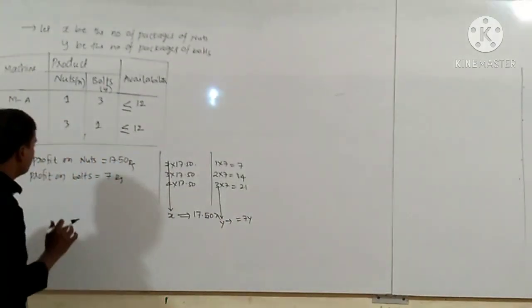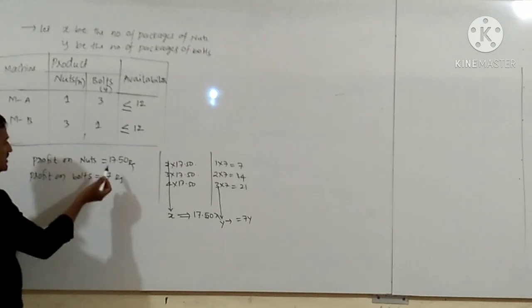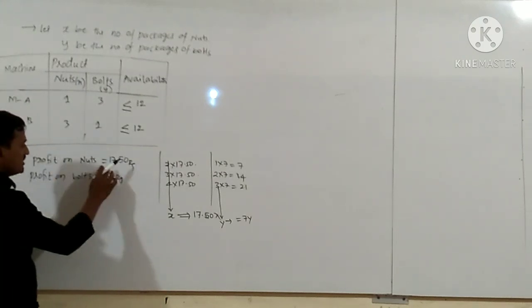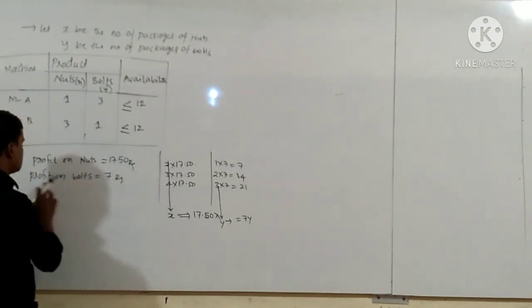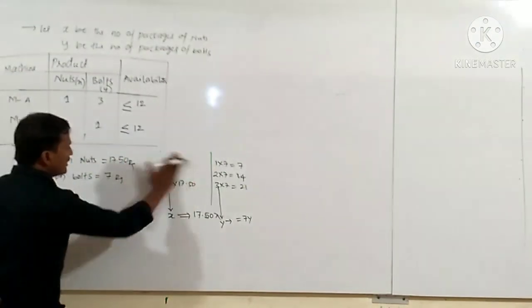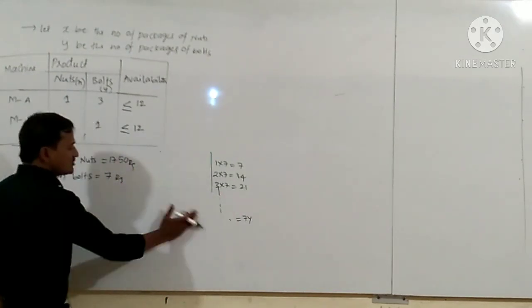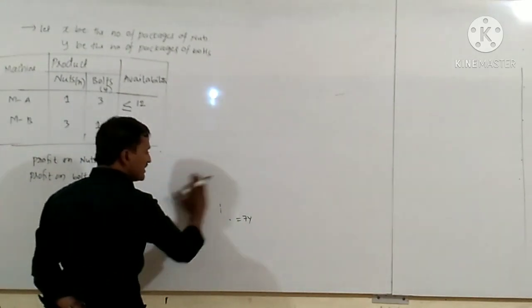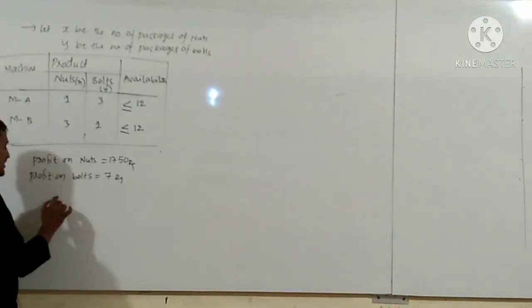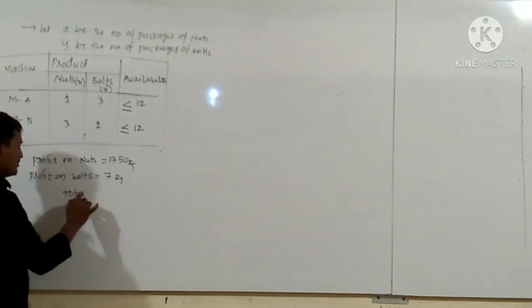Okay, right. So here the profit on nuts is 17.50 rupees and profit on bolts is 7 rupees. So here it is per package, right. Suppose he produces x number of packages of nuts and y number of bolts, then we will write the total profit.